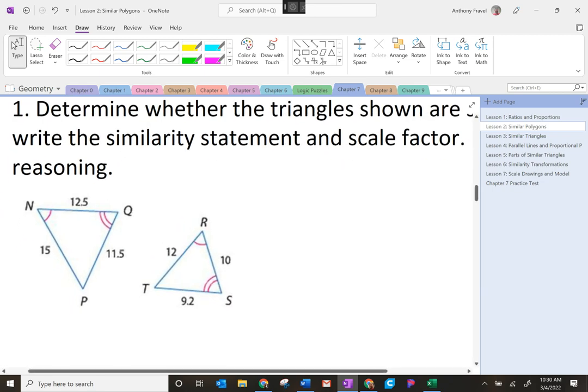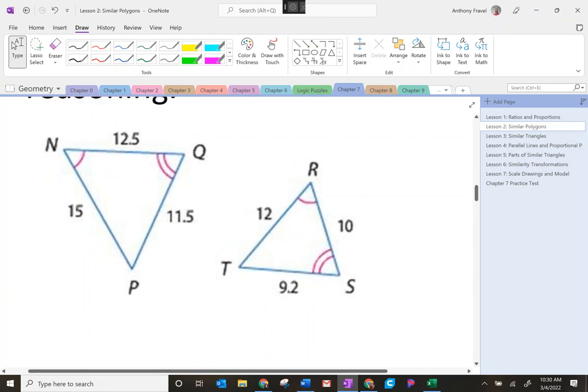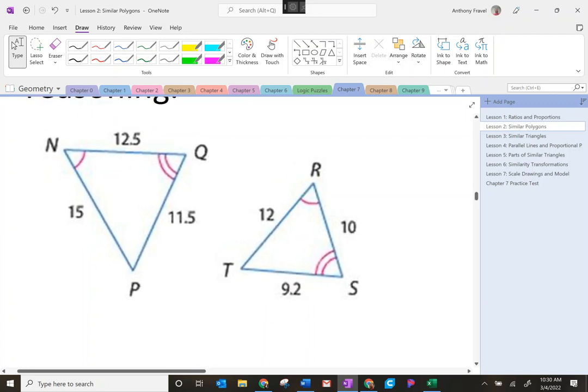I'm just going to zoom in on the triangle so you can see those numbers a little better. All right, I'm going to start matching up the sides.